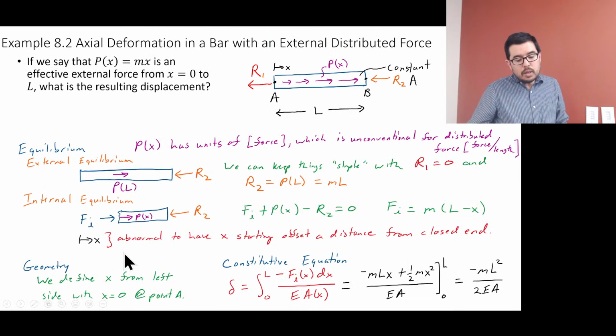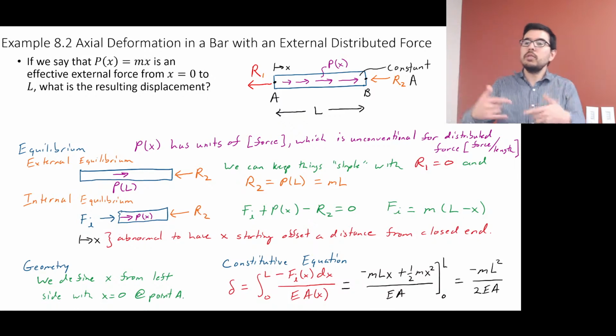So now we can use the constitutive equation with this form, this Fi, and integrate. Now, it's a little bit strange to have this force P defined as it is. But the way we've defined things and the way we've drawn our internal force, we see that the internal force is going into the member.